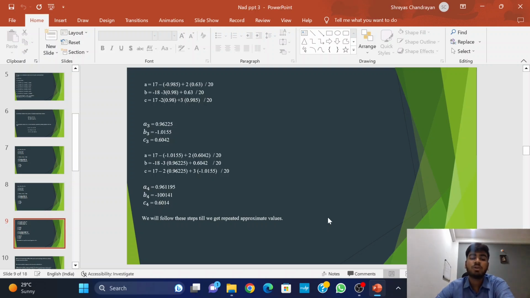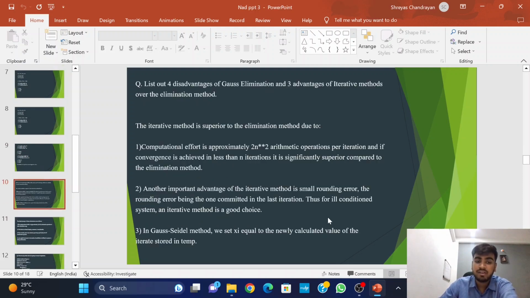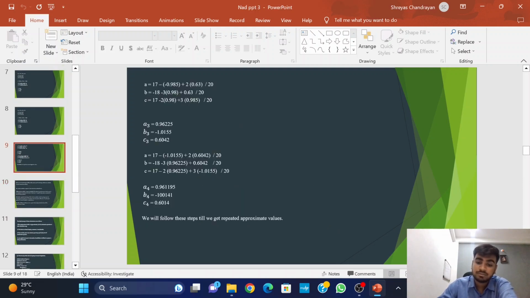So a3 is equal to 0.96225, b3 is equal to minus 1.0155, c3 is equal to 0.6042. So now a4 is equal to 0.961195, b4 is equal to minus 1.00141, c4 is equal to 0.6014. So now we will follow these steps till the repeated approximated value is reached.